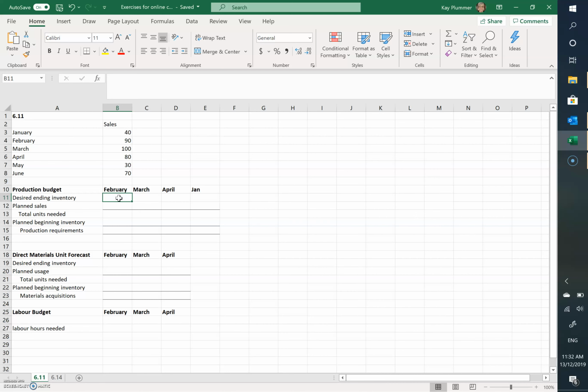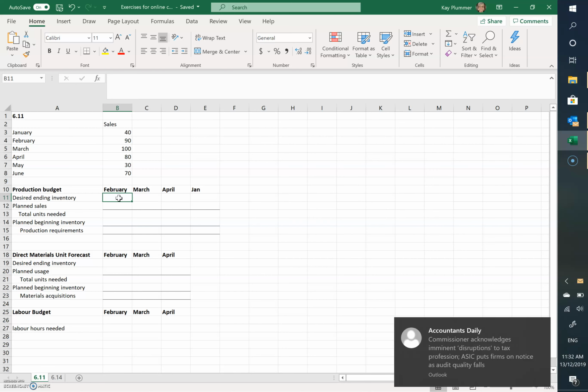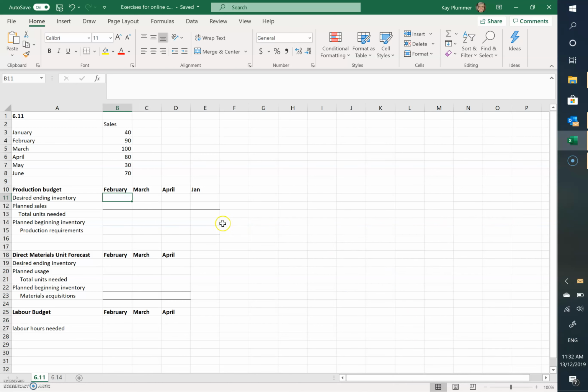Okay, so if the desired ending inventory is 2 months of the next sales, then for February, the 2 months of the next sales are March plus April. So that's 180. For March, it is April plus May.